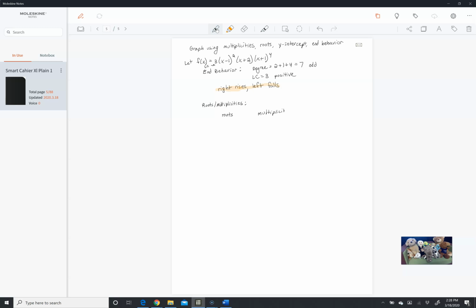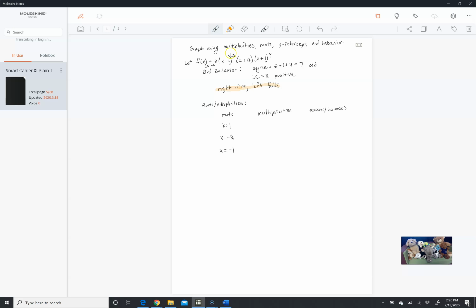And from here, we can also tell whether it passes or bounces off the x-axis. So our roots come from the x minus 1, the x plus 2, and the x plus 1. So our roots are x equals positive 1, because remember, we take this x minus 1 and set it equal to 0. x equals negative 2. And x equals negative 1.